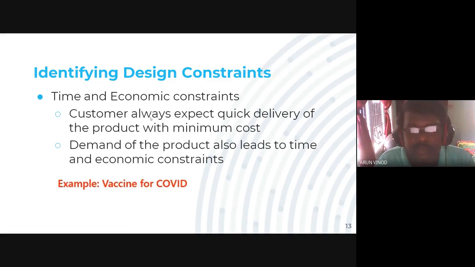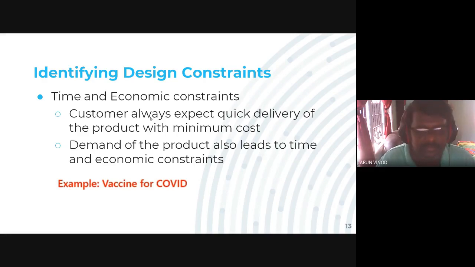Customers always expect quick delivery of the product within minimum cost. The demand for the product also leads to time and economic constraints, right? Say, for example, the vaccine. I told you, everybody needs a vaccine.